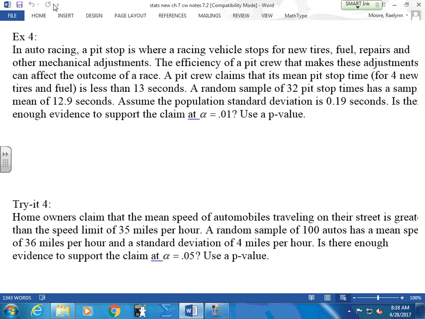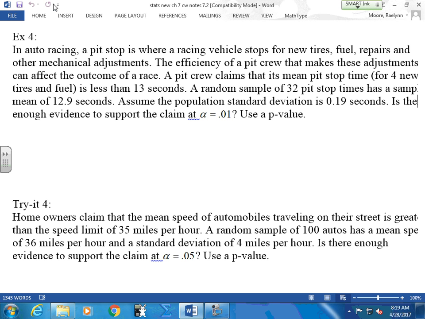A random sample of 32 pit stop times have a sample mean of 12.9 seconds. Assume the population standard deviation is 0.19 seconds. Is there enough evidence to support the claim at the 0.01 level of significance using p-value?